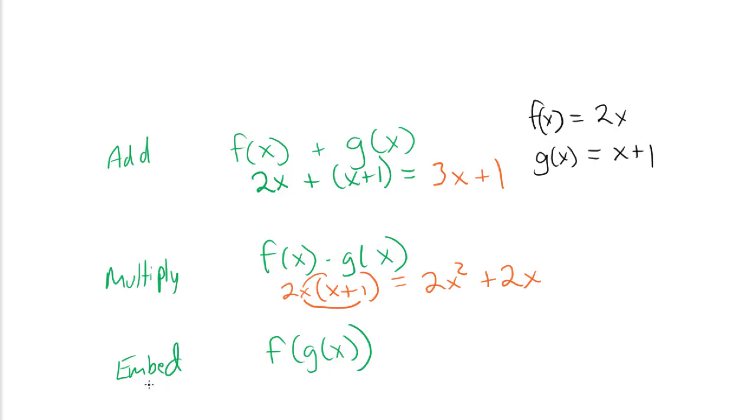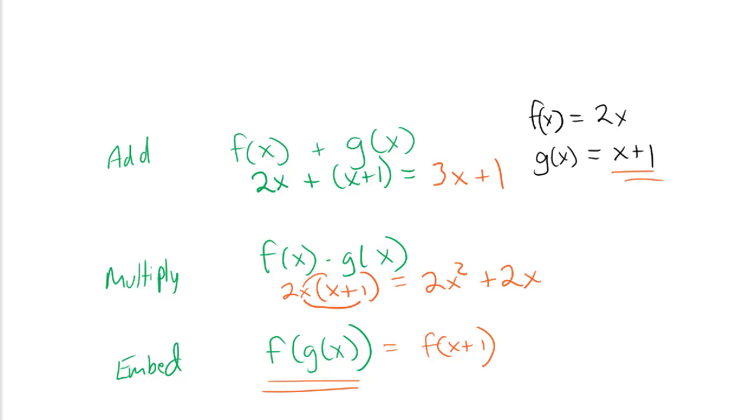What about embedding functions? What exactly is this notation right here? This means f of, and the input would be g of x. So it's a function within a function. Let's start with the inner function first and work from there. G of x is x plus 1. So this is f of x plus 1. Okay?